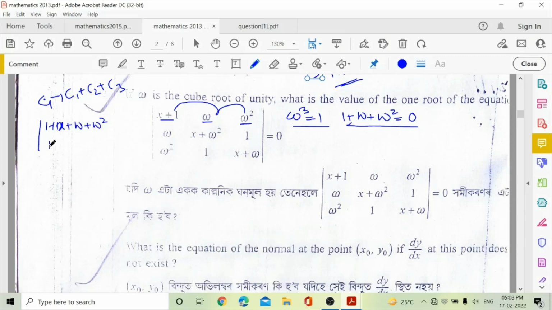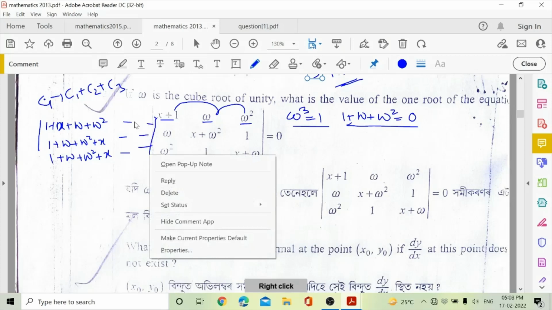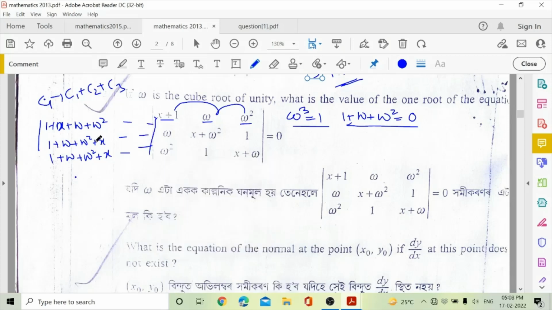The second element is 1 plus omega square plus x. The others will remain the same. If you observe carefully, you will get my point: 1 plus omega plus omega square equal to 0 according to the cube root property. So the sum of these three terms will become 0, and x will remain in the first column. So the first elements will be x.